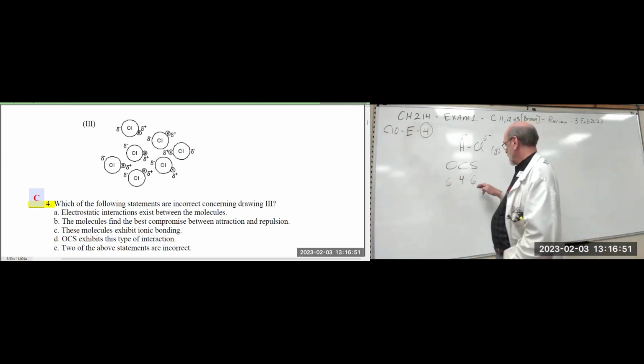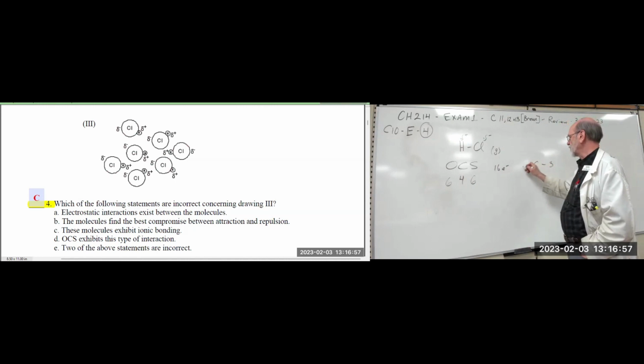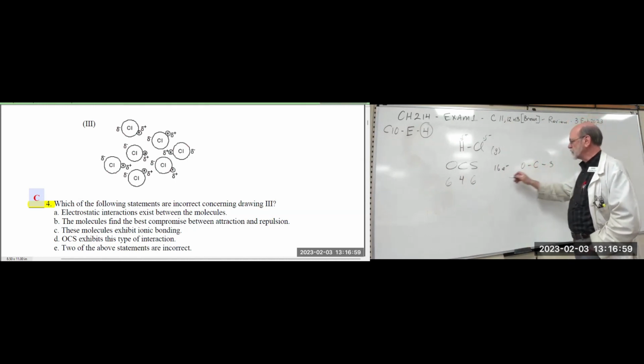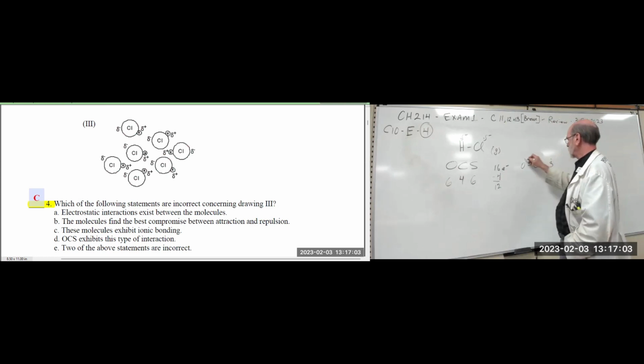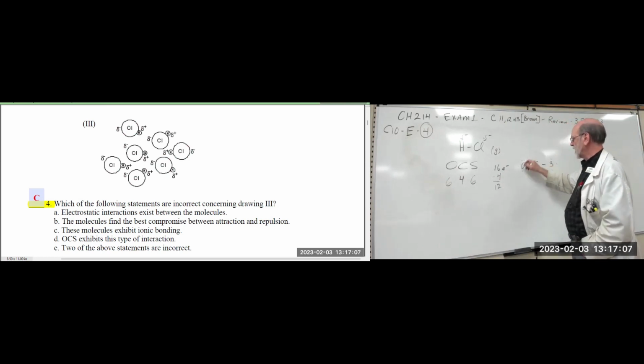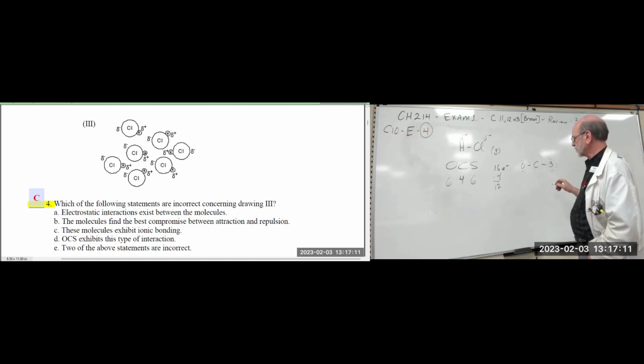Yes. So that's 16 electrons. Now we're going to have carbon in the middle with sulfur and oxygen. So that's 2, 4. We have 12 left over. So 1, 2, 3, 4, 5, 6, 7, 8, 9, 10, 11, 12, all used up.